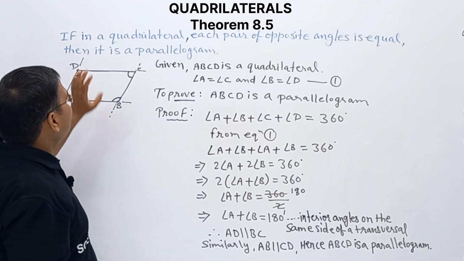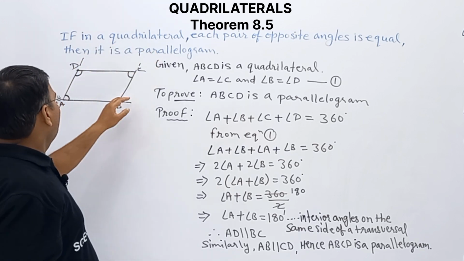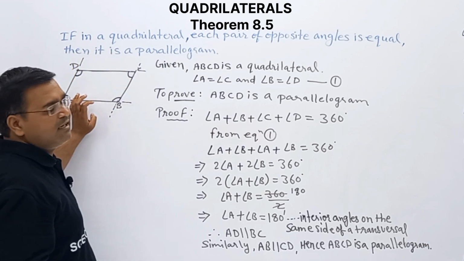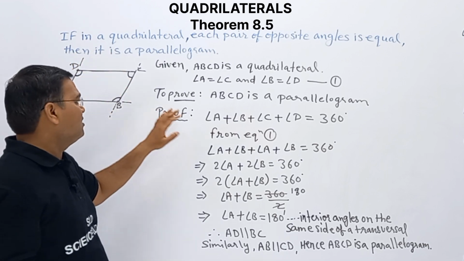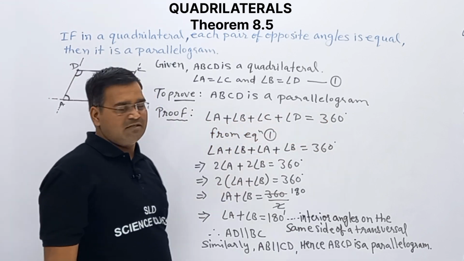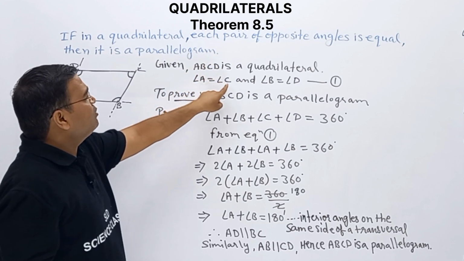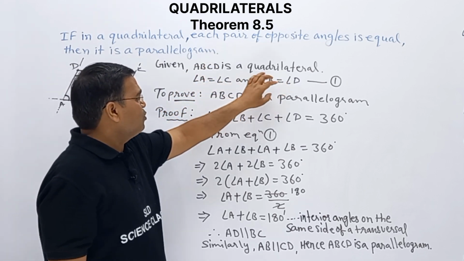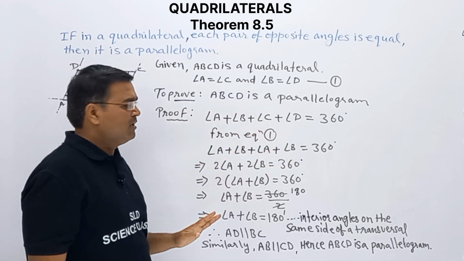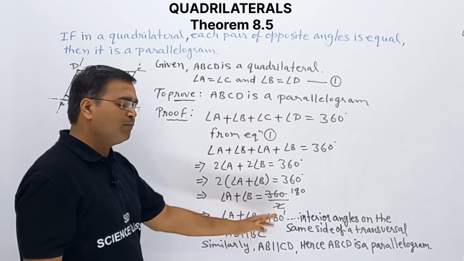We want to prove that the quadrilateral is a parallelogram. Clear? We know well the angle sum property, the sum of all the angles in a quadrilateral will be 360 degrees. So angle A plus angle B plus angle C plus angle D equal to 360. In the theorem we have angle A equal to angle C, angle B equal to angle D. So we can put angle C equal to angle A, angle D equal to angle B. Then we get angle A plus angle B equal to 180 degrees.